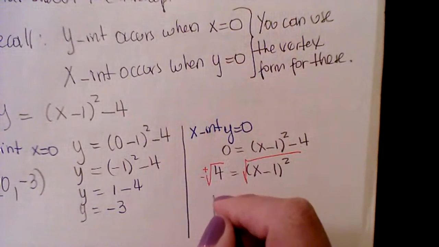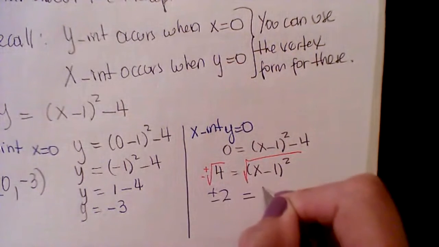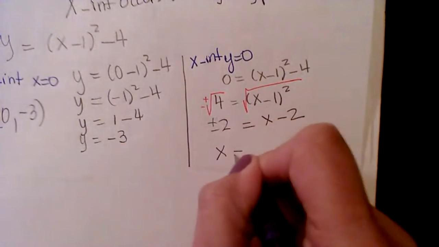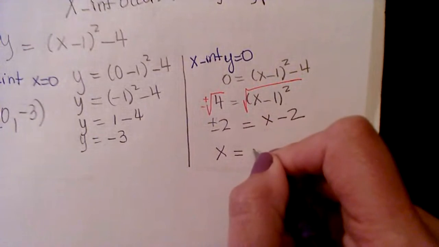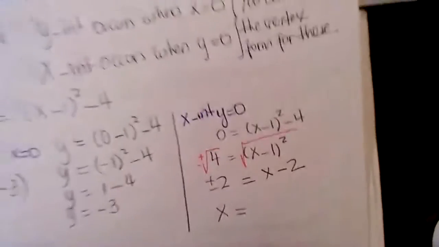So this is going to be plus and minus 2, and this one will be x minus 1. Sorry, oops.